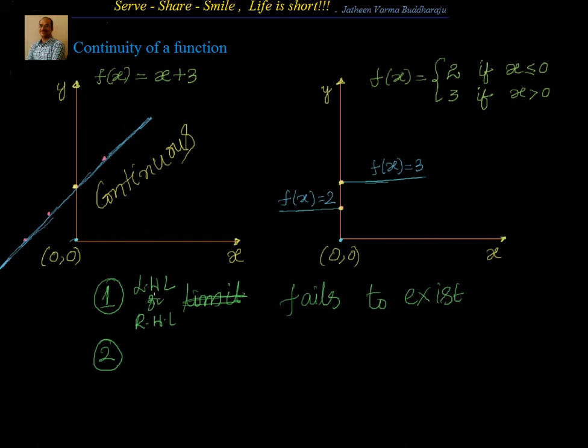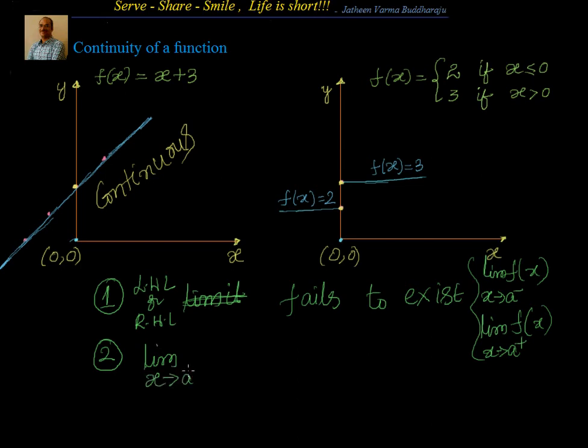So either the left hand limit, limit x tends to a minus f of x, or limit x tends to a plus f of x, one of them does not exist. Second thing, the limits exist but left hand limit is not equal to right hand limit.